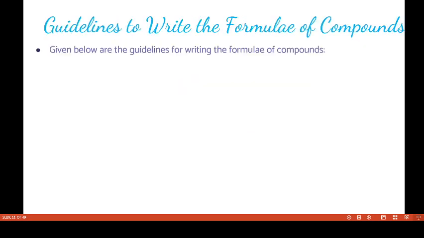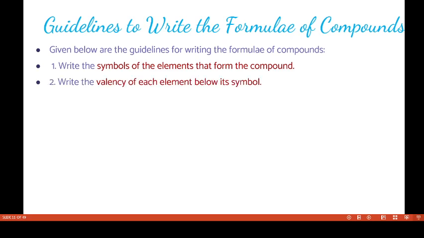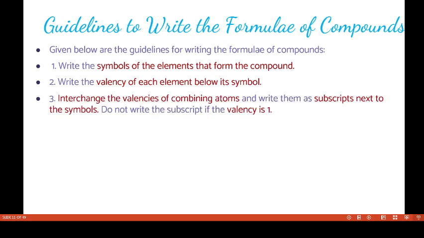Now I give the guidelines to write the formulae of compounds. Number 1. Write the symbols of the elements that form the compound. Point number 2. Write the valency of each element below its symbol. Point number 3. Interchange the valencies of combining atoms and write them as subscripts next to the symbols, and do not write the subscript if the valency is 1.